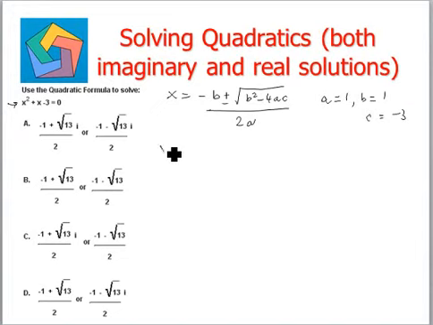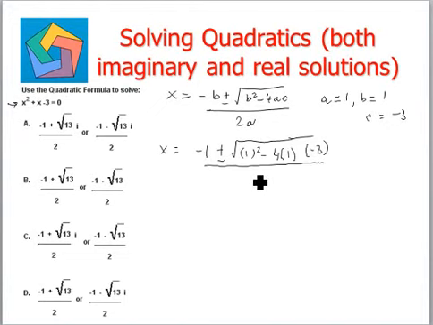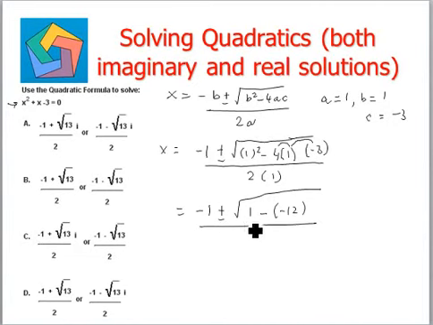x equals negative 1 plus minus the square root of b squared, that is 1 squared, minus 4 times 1 times negative 3, divided by 2 times 1. So this equals negative 1 plus minus the square root of 1 minus 4 times 1 is 4, times negative 3 is a negative 12, divided by 2 times 1 is 2.